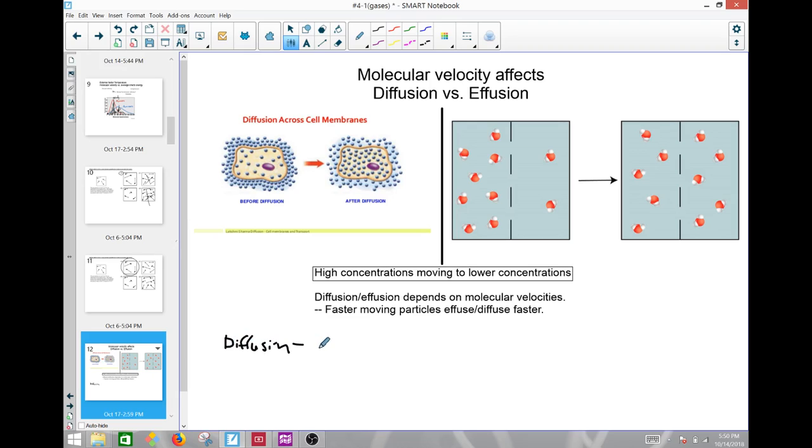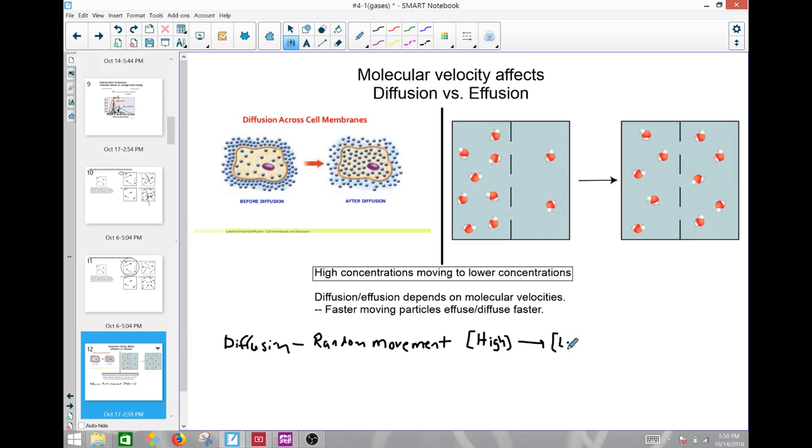Diffusion, because of the random movement of particles, just in open air, particles move with random movement, and because of this random movement, things of high concentration move to areas of low concentration.